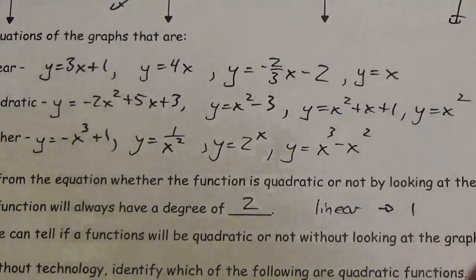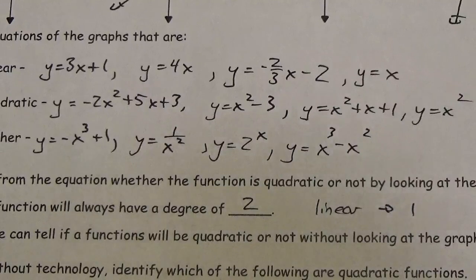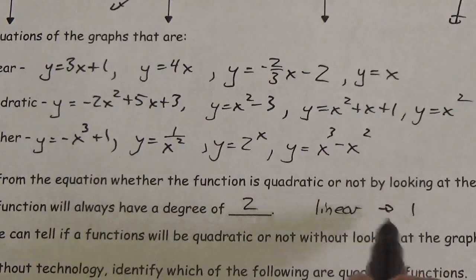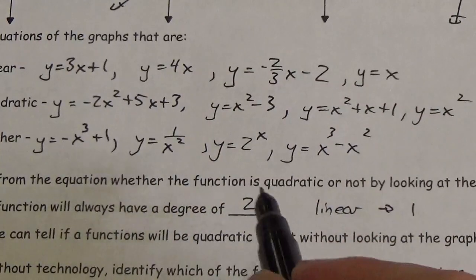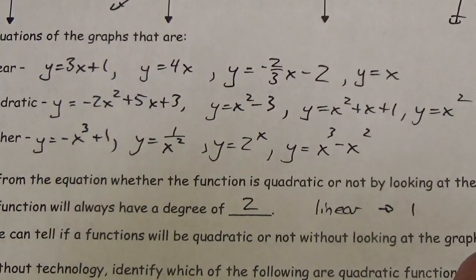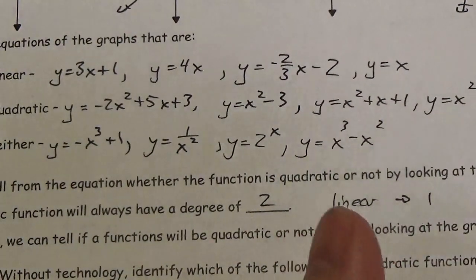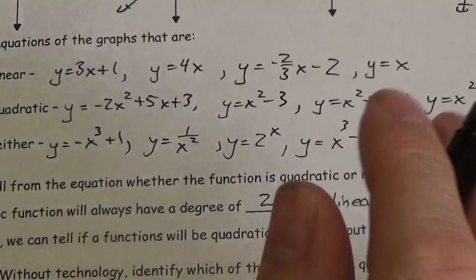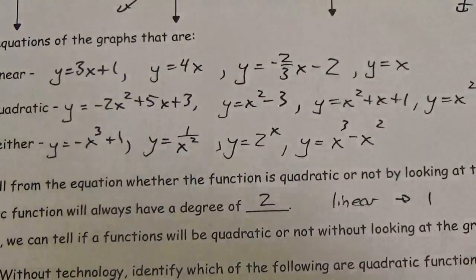Okay, so the largest exponent on a variable, whether it's the independent variable or the dependent variable, is going to be 2 if it's quadratic and 1 if it's linear. Now, if the 2 happens to be on the y, then it's a little bit different, okay? In fact, that changes things substantially. So for right now, for us, we're really thinking about the degree on the x, on the independent variable.